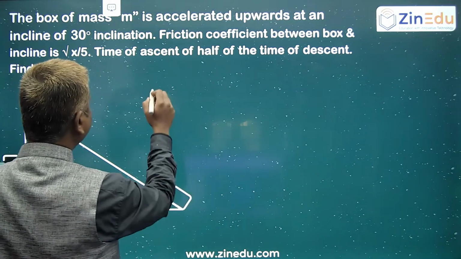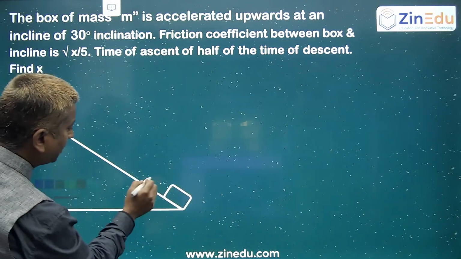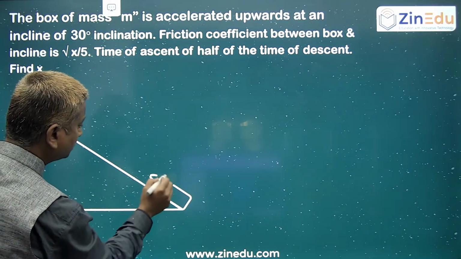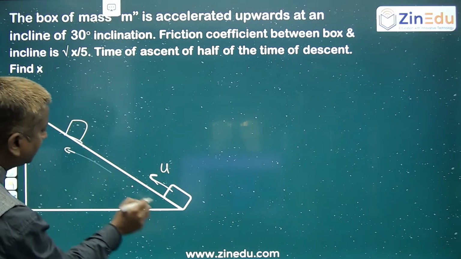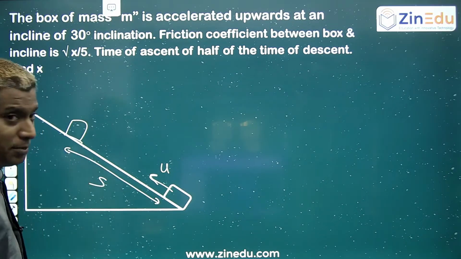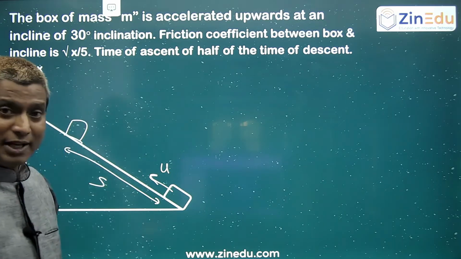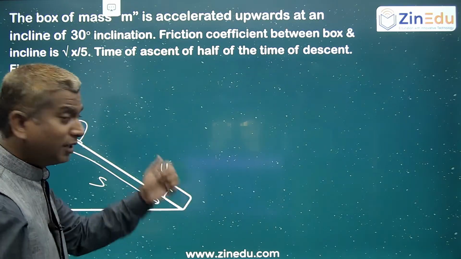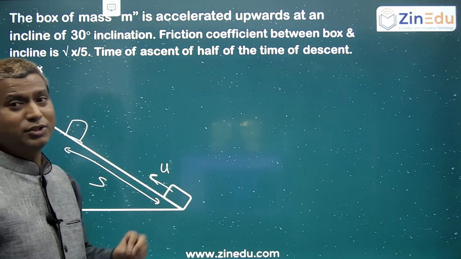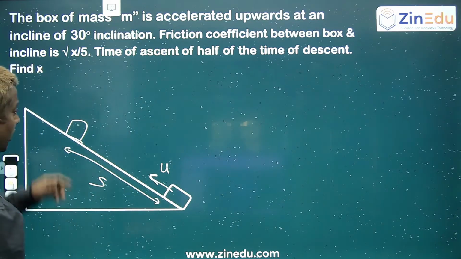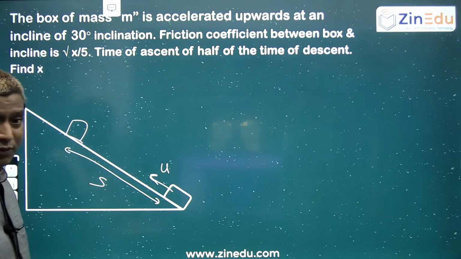So first, let us say it is moving up. I have given some initial velocity of u. Here to here it went, right, over a distance of s. When it is going up, definitely g sin theta will act down, and along with that, because the frictional force is always acting opposite to the direction of relative motion, the frictional force is also acting down.